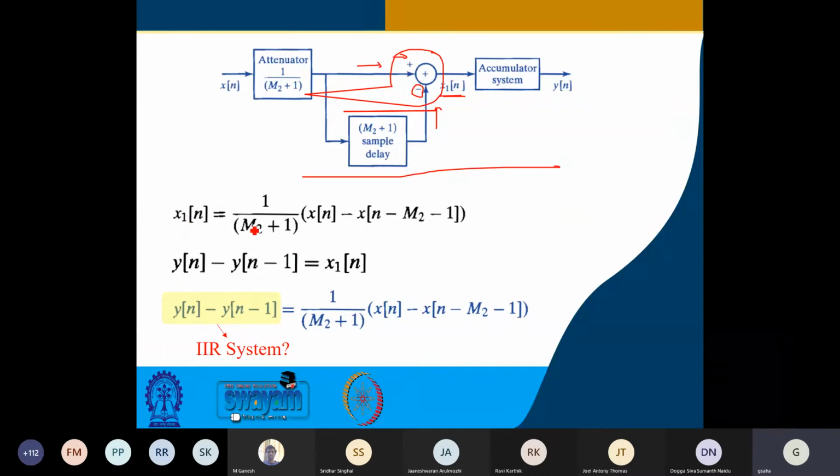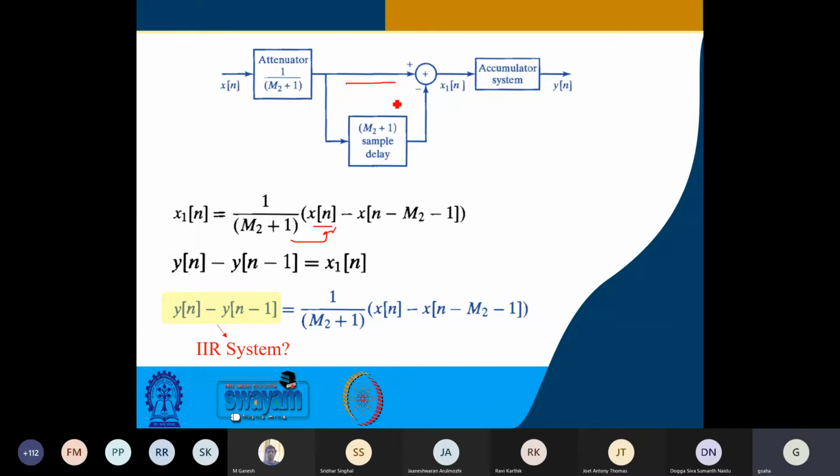So for x1[n], those who found it difficult can visualize it. This part is clear: it is 1 upon M2 plus 1, x[n] divided by M2 plus 1, that will be over here. The one going through this other part is just x[n] by M2 plus 1, and that will reach here.